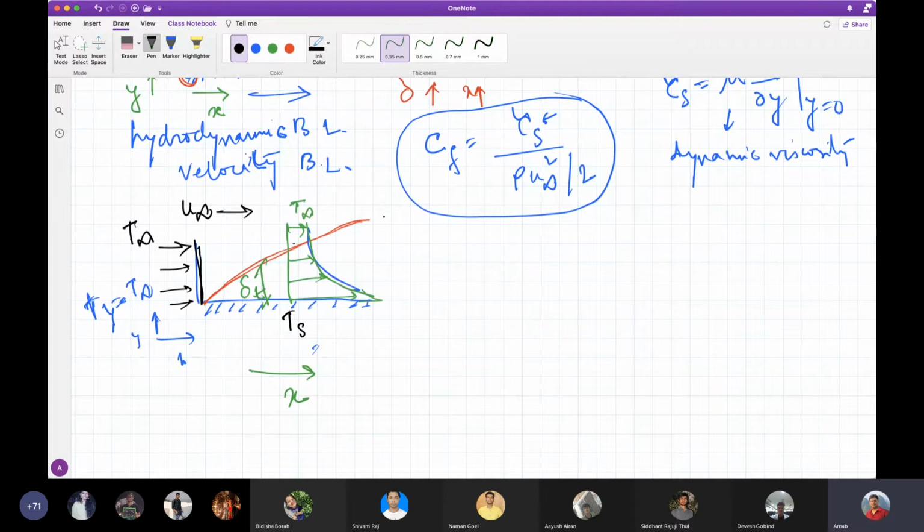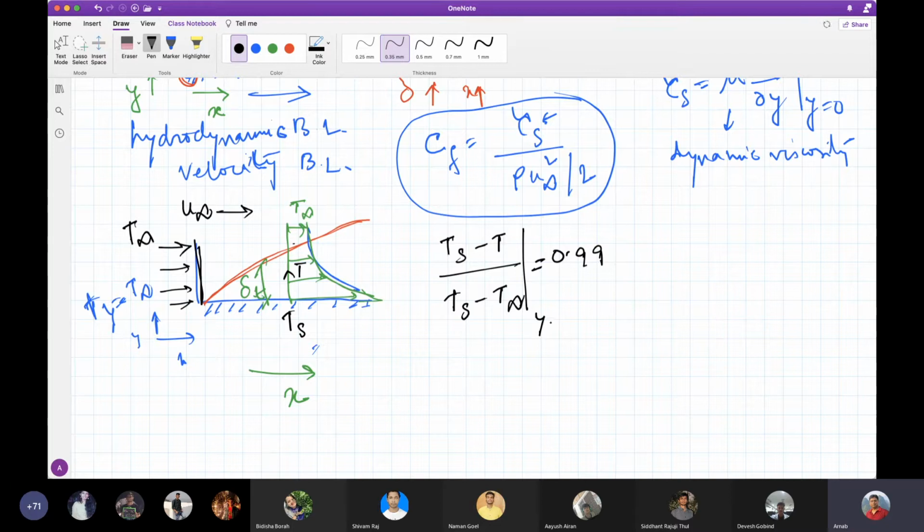To estimate delta T, we need a demarcation, and that is typically defined by this expression: (T surface minus T) over (T surface minus T infinity) equals 0.99, where T is the temperature at any point along y.